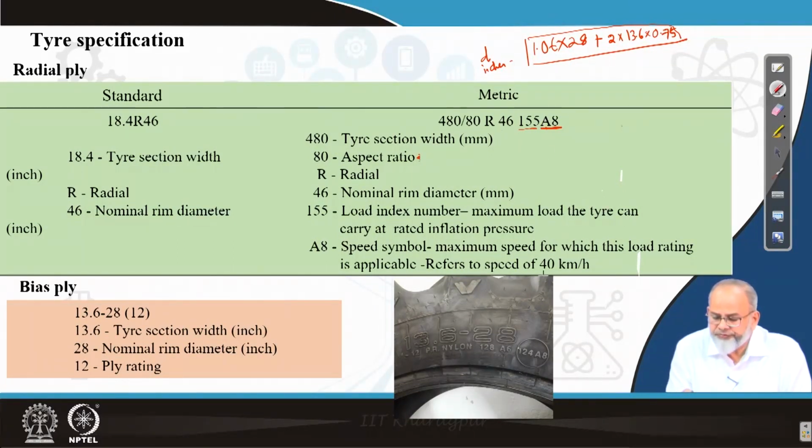A8 usually refers to 40 km/h. So this is how we can specify a tire. So the only difference from the outside you can know is whether it is a radial tire or a bias ply tire. If R is there, then immediately you can say that this is a radial tire. If R is absent in that specification, then immediately you can say that this is a bias ply tire.